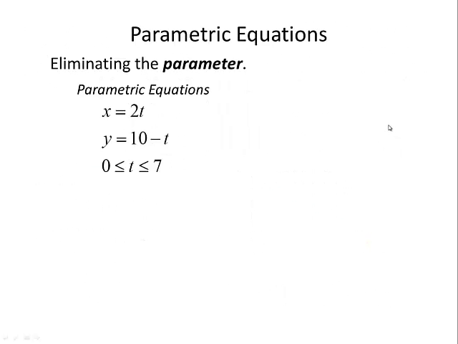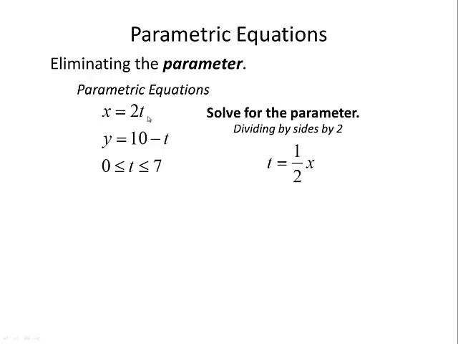All right, let's move a little more quickly here. To eliminate the parameter, to get rid of t, that's my parameter, we would solve for t and use substitution into the other equation. We can do it either way. It doesn't matter which way we do it, but I'm just going to do the first one. So I'm going to solve the top equation. x is equal to 2t. Divide both sides by 2, and I get t is equal to 1/2 x.